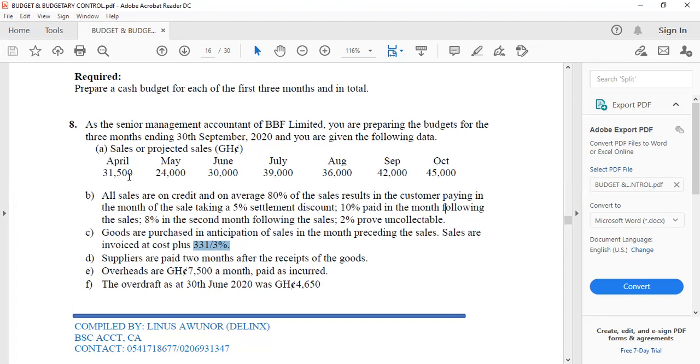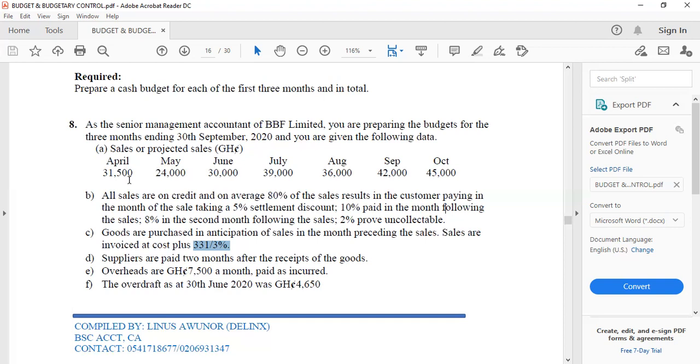Yes. So it means that if that is the case, February's money will be paid in which month?